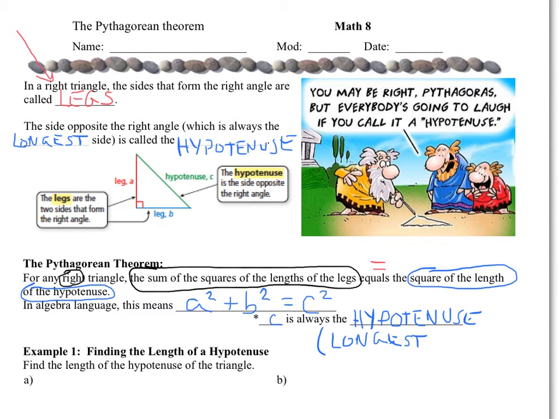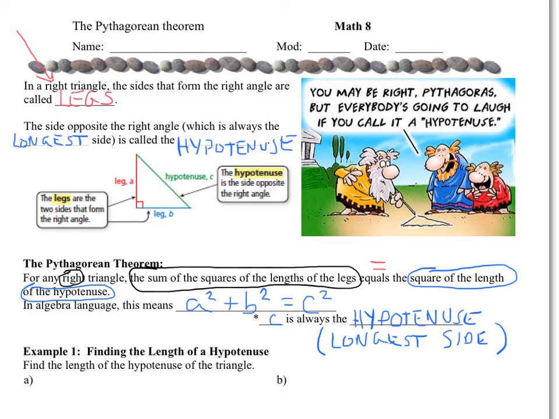So even if I gave you three sides of a triangle and didn't give you a picture, and told you that it was a right triangle, you could still use the hypotenuse, knowing that it's the longest side, and plug it in.